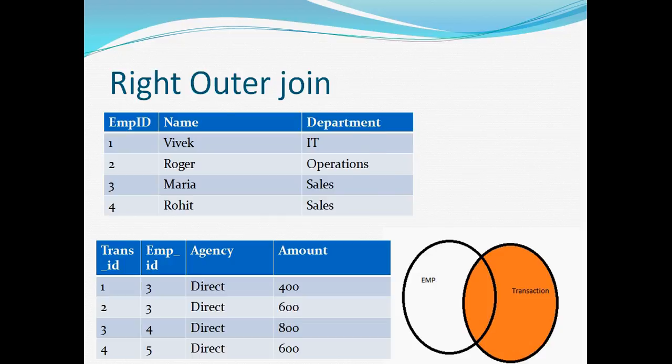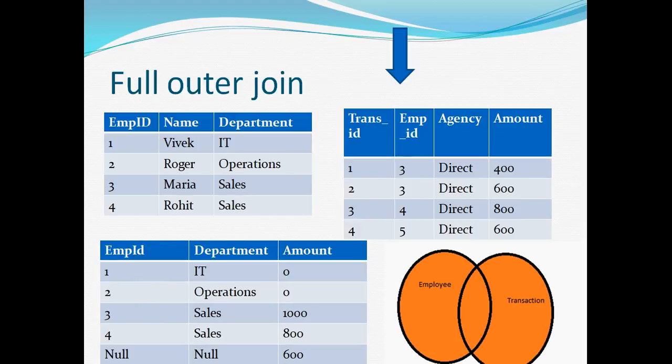And when do I use a full outer join? I want to use a full outer join if I want to give a complete picture: the employees that have not sold anything, the employees that have sold and the revenue they have generated, and any employee who has sold policies but is not present in my employee table.